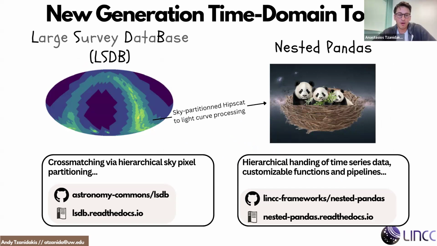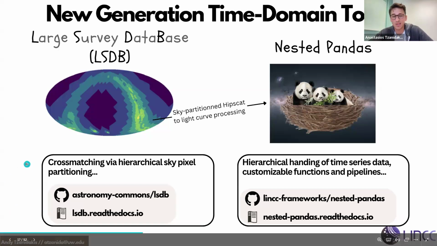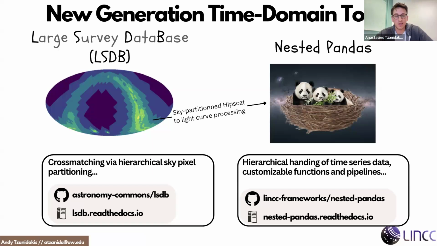So for LSDB, we're using this package for cross-matching, which is basically doing a hierarchical sky pixel partitioning, where we're taking all these different surveys that we have, like ZTF and Gaia, and performing cross matches. And what's really awesome about LSDB is that it allows us to do this really fast, to access the data really quickly, and to do fast cross matches between the different catalogs that we're using.